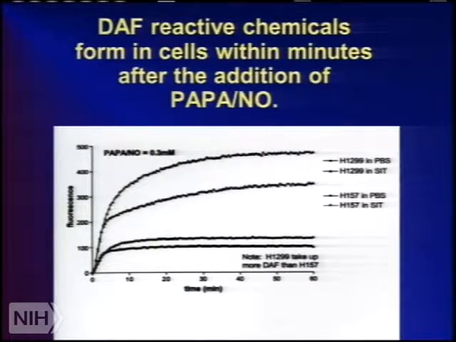So here you can measure DAF reactive chemicals within the cells, and after you add Papano, you see that the fluorescence increases within minutes. So the nitric oxide is then released from the delivery agents into the cells, and this contributes to a response in the cells.